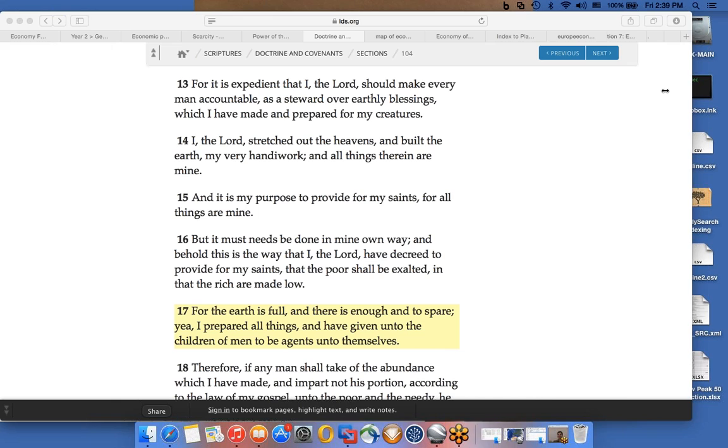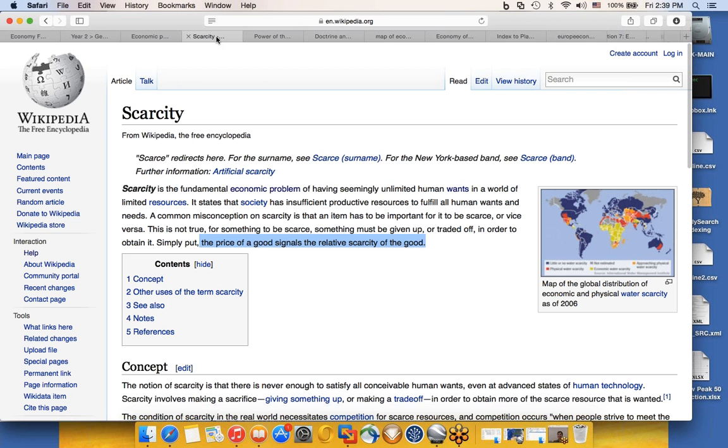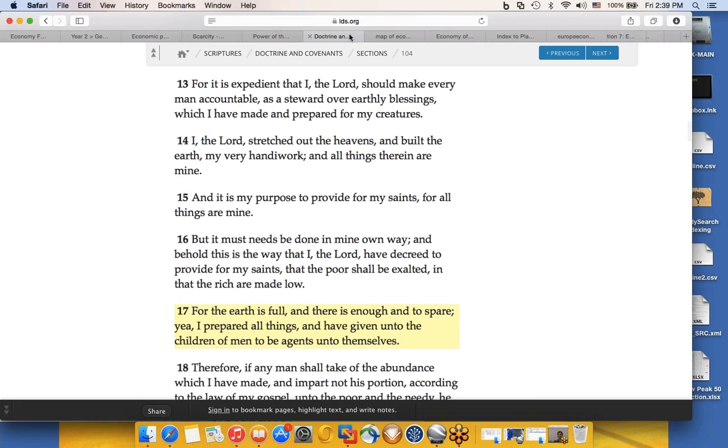Okay. So having read these verses, what do you think about the theory of economic scarcity? It's basically what we've been talking about over the year. I think it's been based on wants.